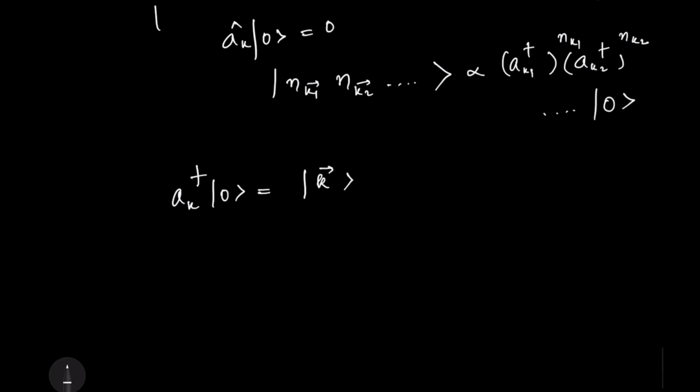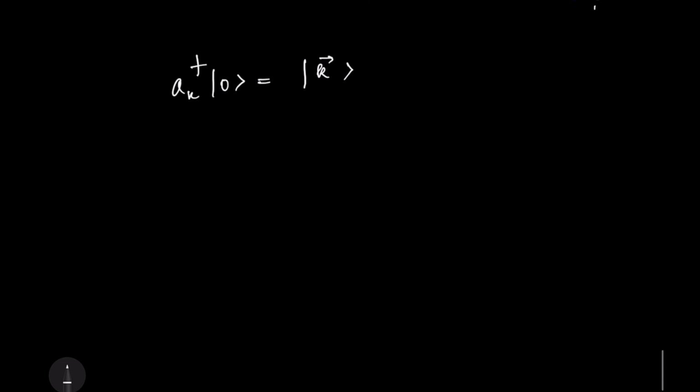So this is the simplest case that is possible. If I excite both k1 and k2, so now I am exciting k1 and k2, so I will get |k1, k2>.